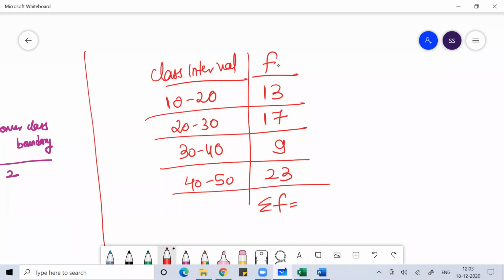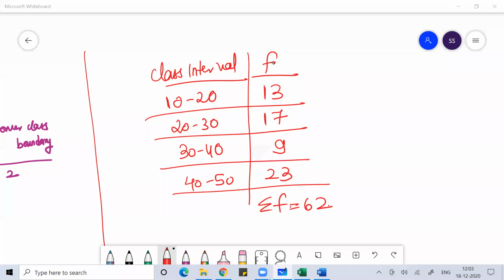The sum of frequency you should get is 62.